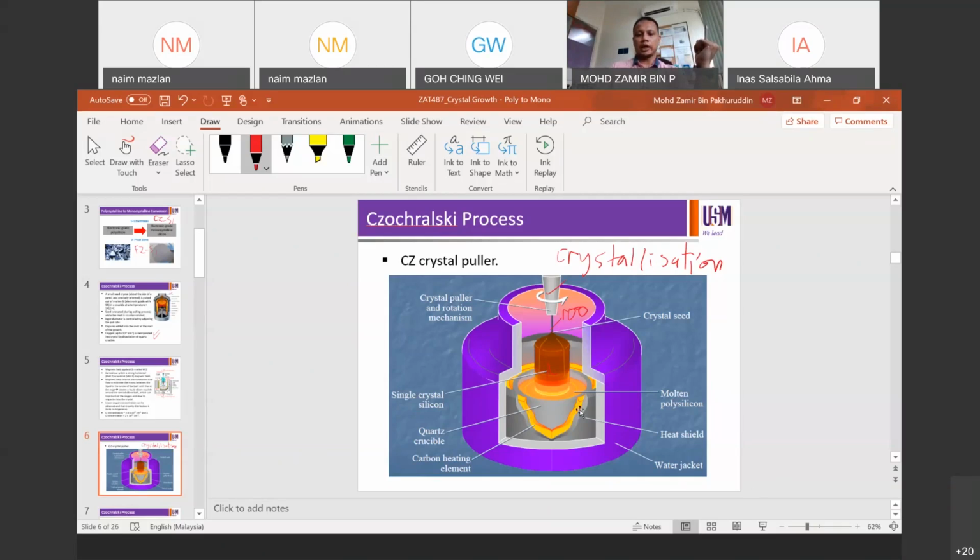Molten silicon is in there, then the heat shield, the carbon as the heating element, so that's where you get the carbon into the melt as well, so it has to be controlled. We don't want carbon to be part of the silicon wafers, but somehow it's there, but under controlled concentration. Right, water jacket is there to do the cooling process so that you can actually regulate the temperature of the CZ system or the crystal cooler.